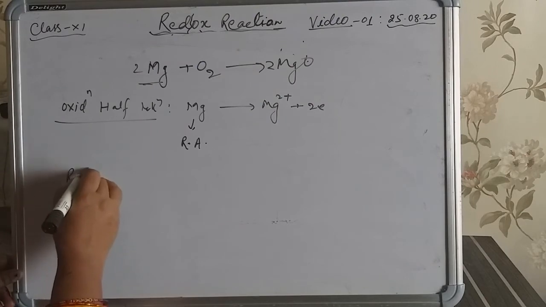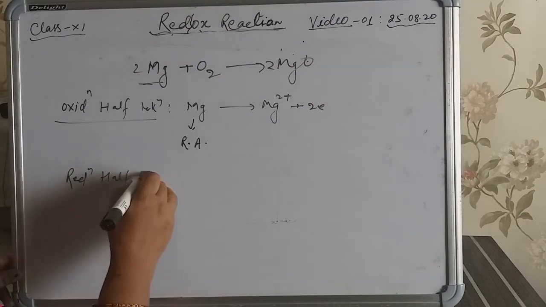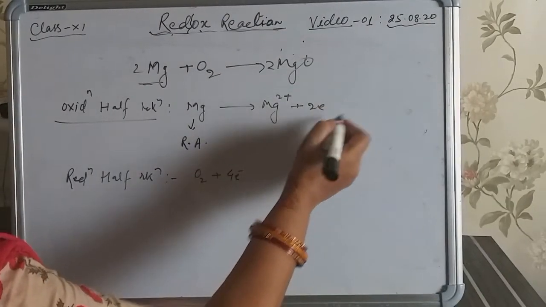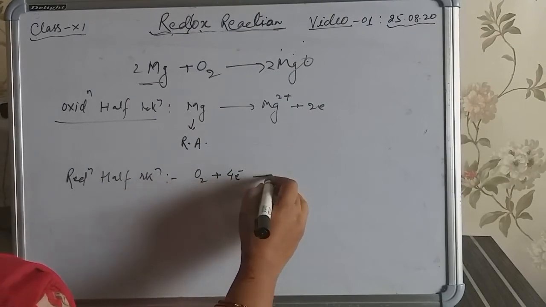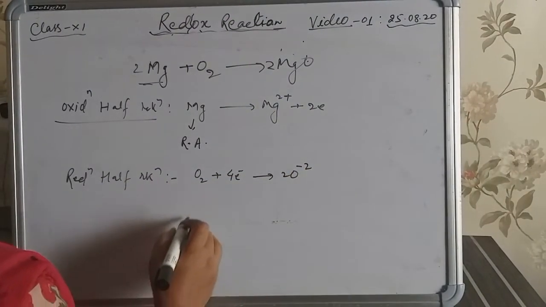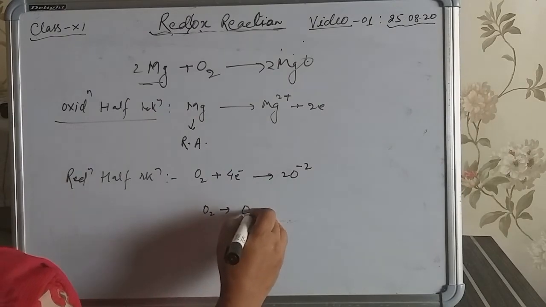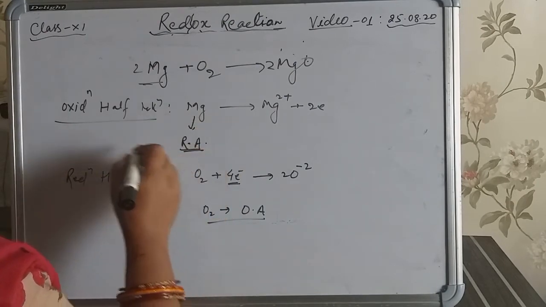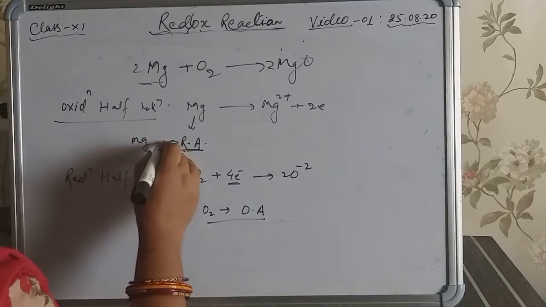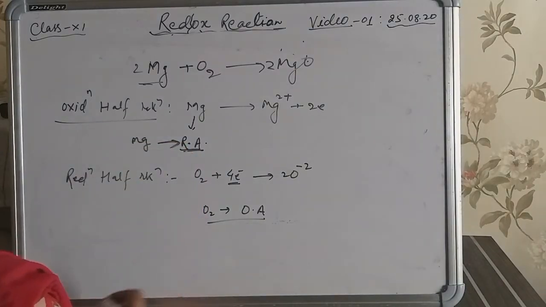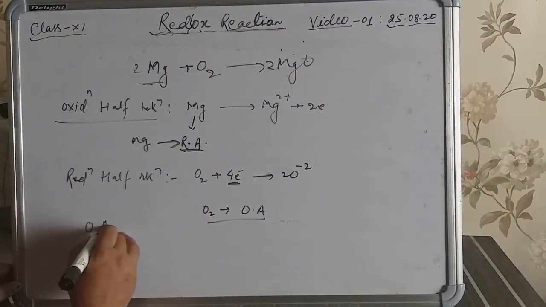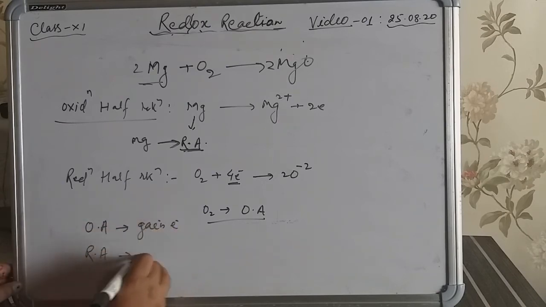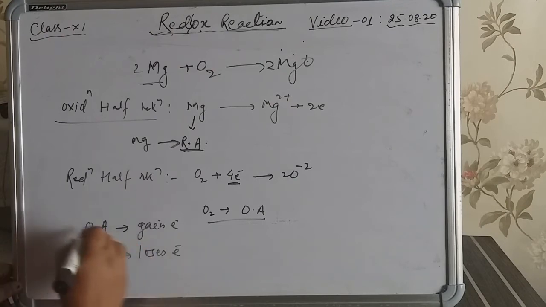Similarly, in the reduction half reaction, oxygen takes 4 electrons to form 2 oxide ions, so oxygen is an oxidizing agent because it gains electrons.